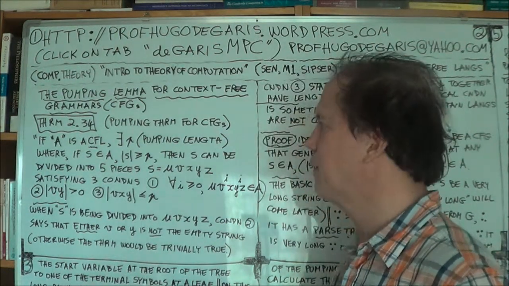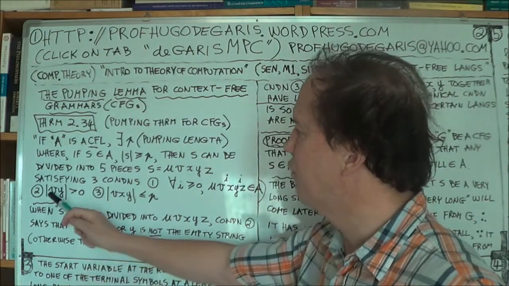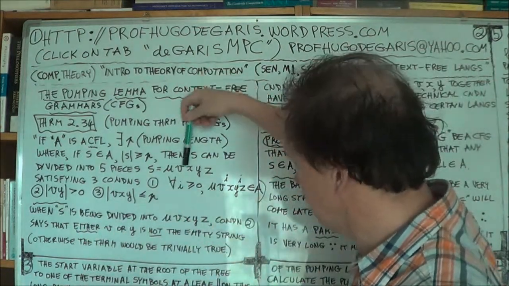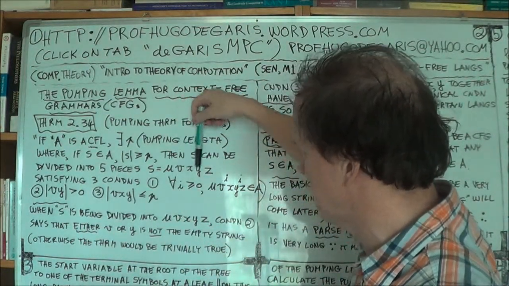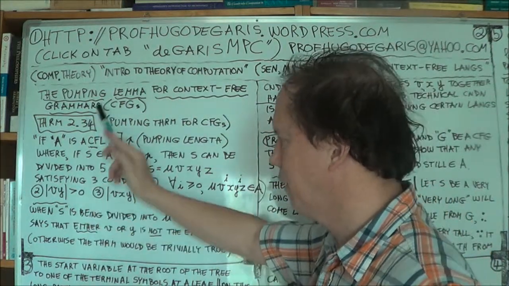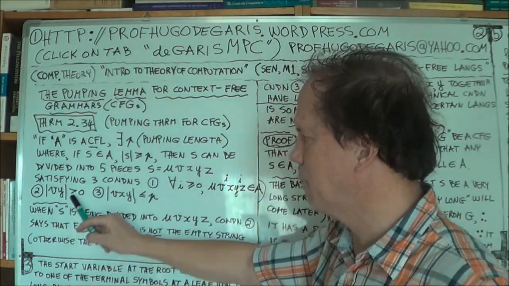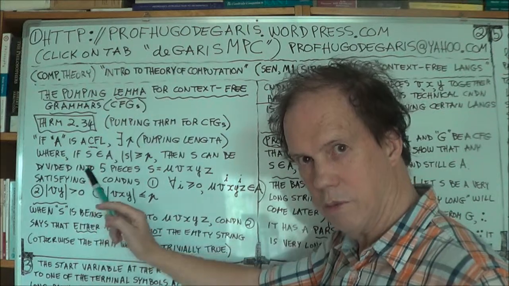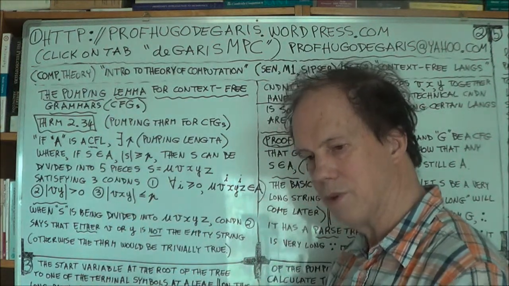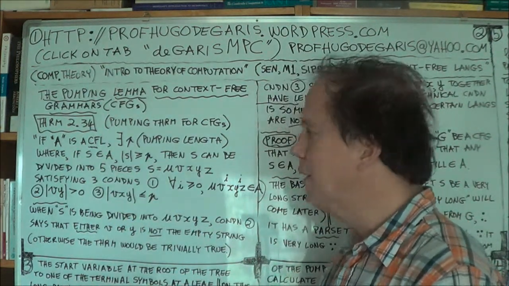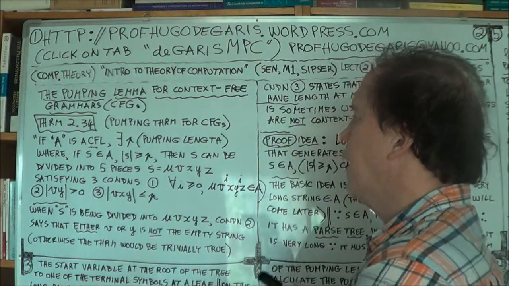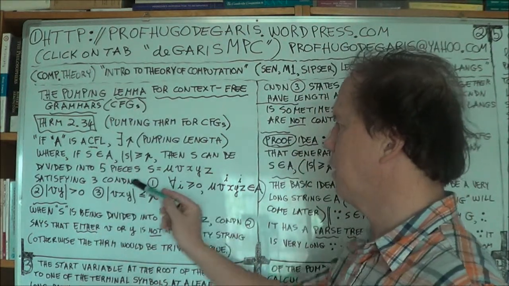Right? That's the second condition. So VY, if you concatenate them, the second and the fourth substrings, find the length. That length will be positive, non-zero. Of course, not negative. It's a length, right? So greater than 0. And there's another condition. This one.